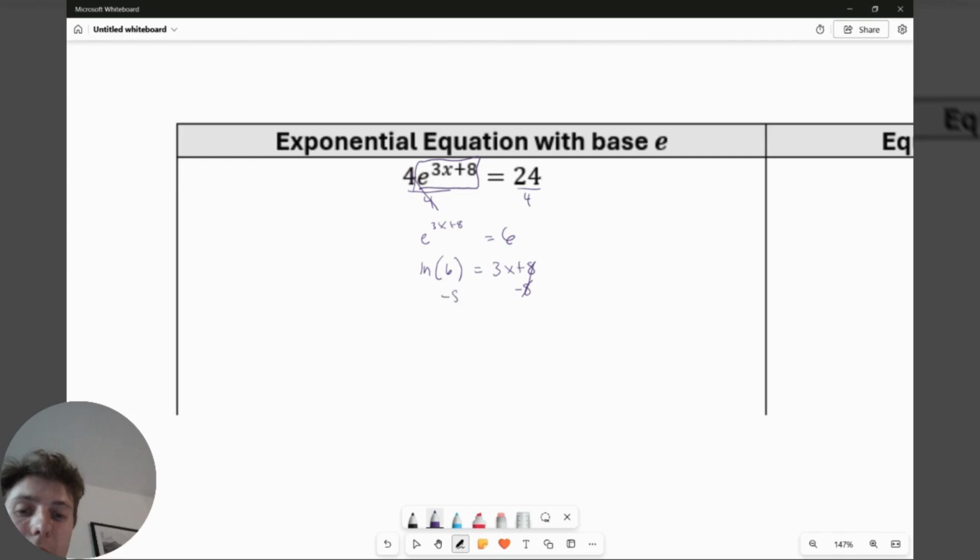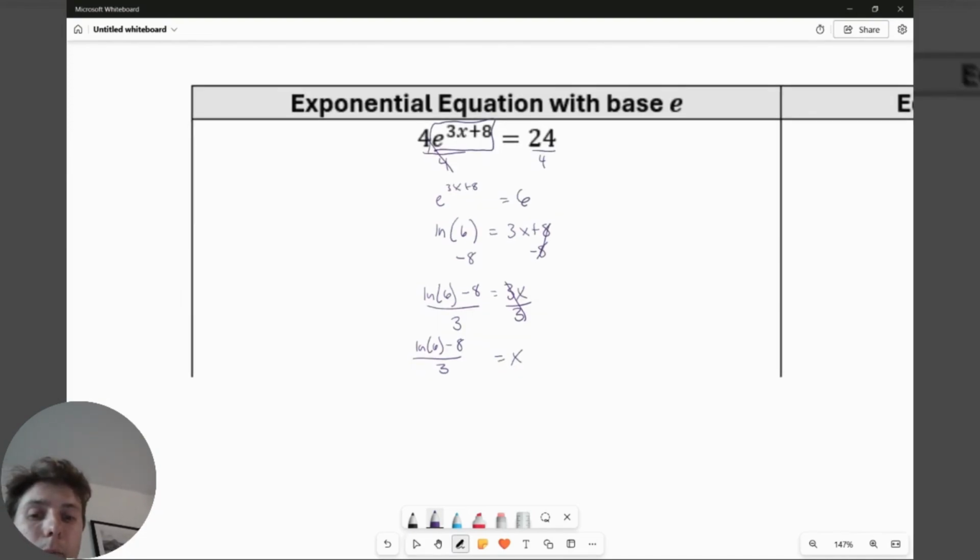I could subtract the 8. Realize that 8 does not combine with the 6. The 6 is on the inside of the log, so the 8 is not allowed to join it. We could divide the 3 over, do that on both sides. Once you do that, realize that 3 divides everything on that side, and we get an answer.